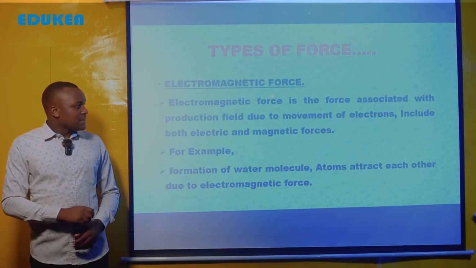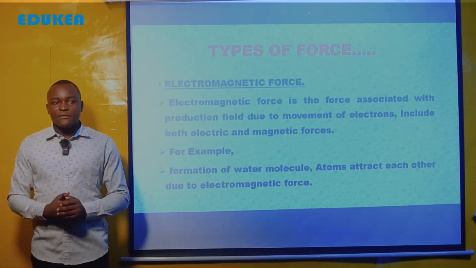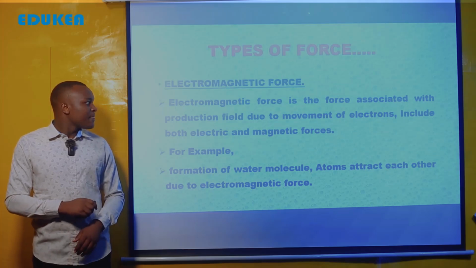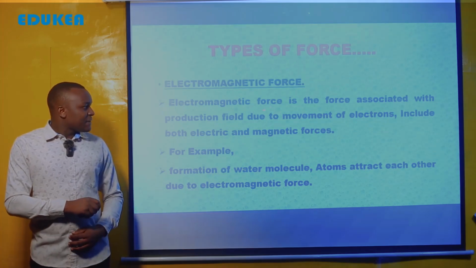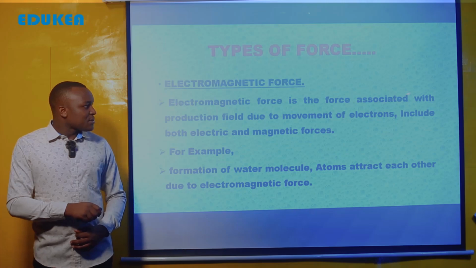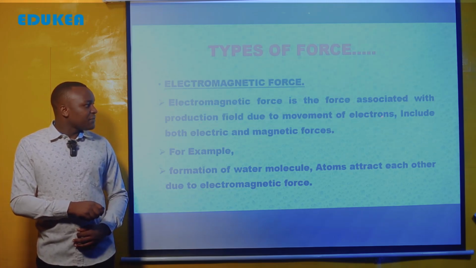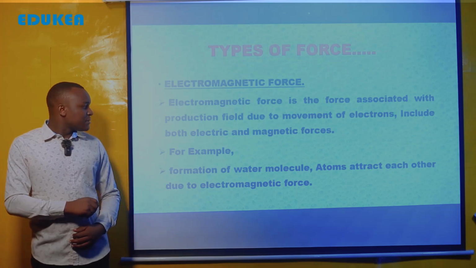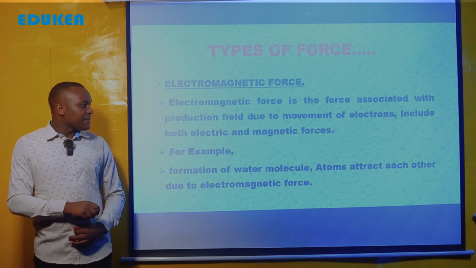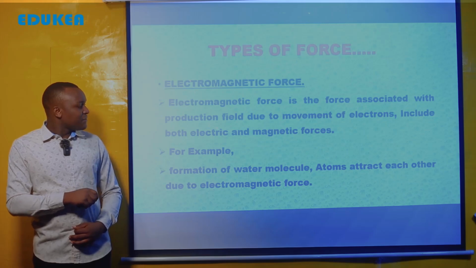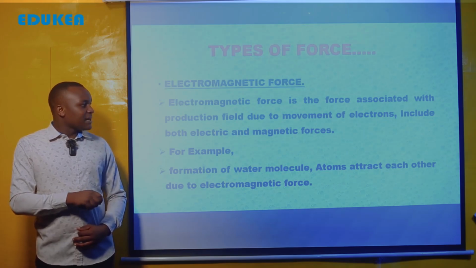So now let's discuss another type of force, which is electromagnetic force. Electromagnetic force is a force associated with the production of a field due to the movement of electrons, and includes both electric and magnetic force. We know electromagnetic force is a combination of electric and magnetic forces.